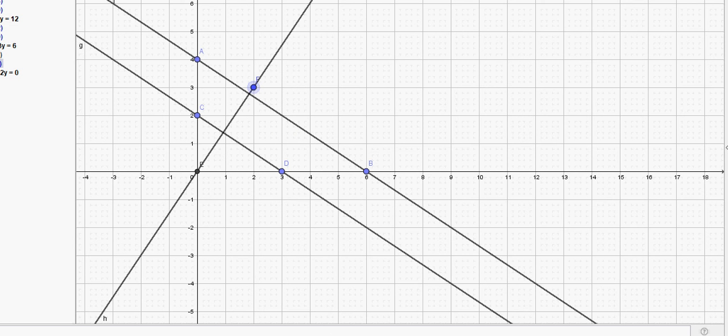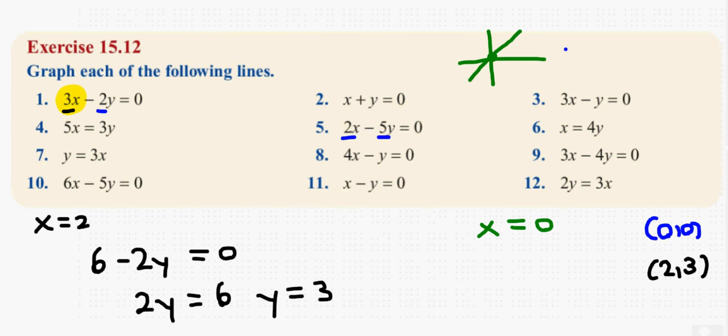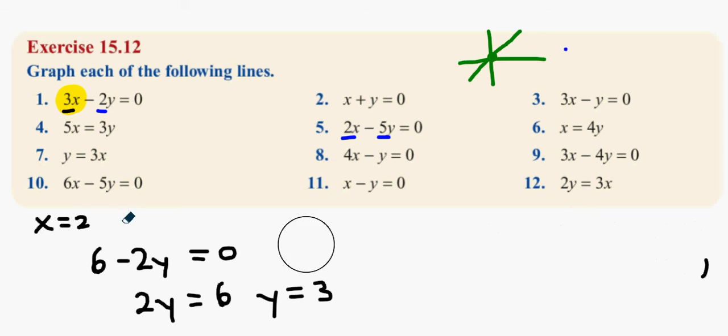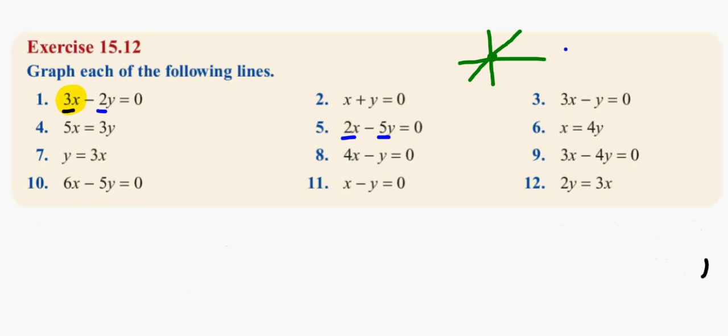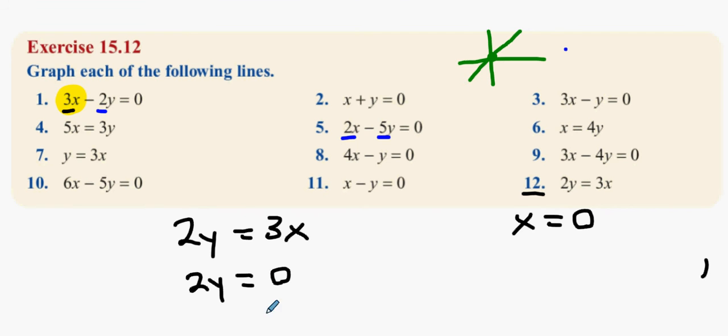Now, next thing. What happens if it gives me one like, just see question 12? So when I have question 12, guys, look at this. Same thing. 2y equals 3x. What happens when I put x equals 0? What will happen? 2y equals 0. And what does that mean y is? 0. So once again, the point 0, 0 is definitely on the line. What are the two numbers that come in front of the y and the x?